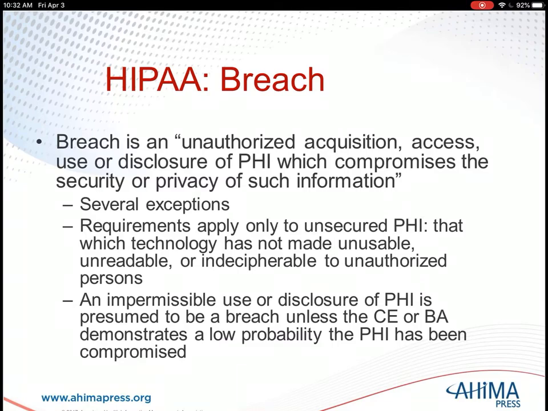It says breach is an unauthorized acquisition, access, use, or disclosure of PHI which compromises the security or privacy of such information. But there are several exceptions, and you'll read those in the third paragraph there. So it does not include disclosures to unauthorized recipients if they would not reasonably be able to retain the disclosed information.